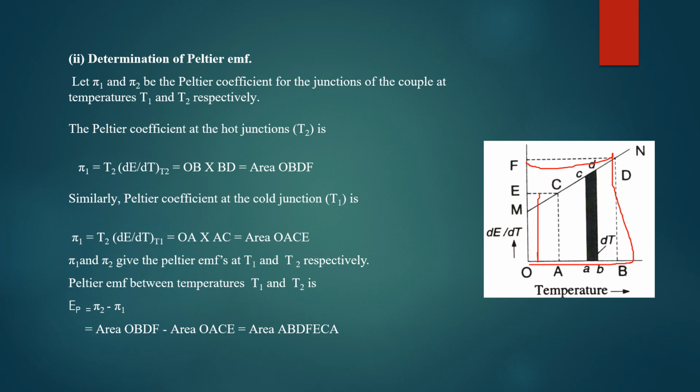This area minus this area. Therefore, remaining is the area ABDFEC A. This is the Peltier EMF.